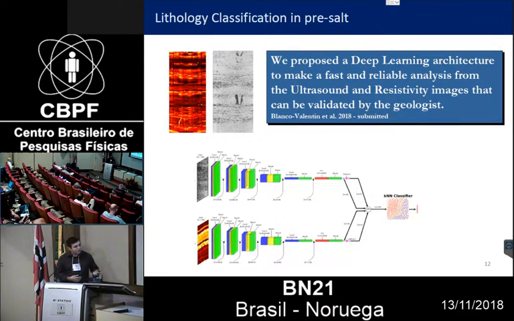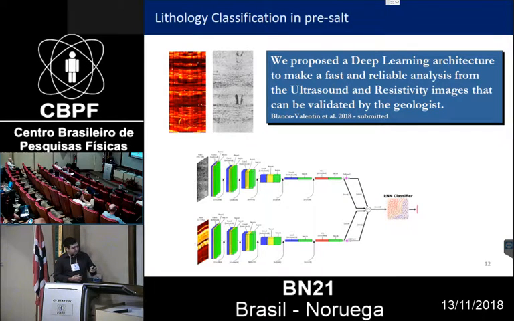After that, we also proposed another deep learning method to do something that geologists also said shouldn't be possible. We proposed the deep learning architecture that you're looking at here. These represent layers of neurons in the neural network. In this approach, we use the same kinds of images, ultrasound and resistivity, to look for patterns and classify the lithology.